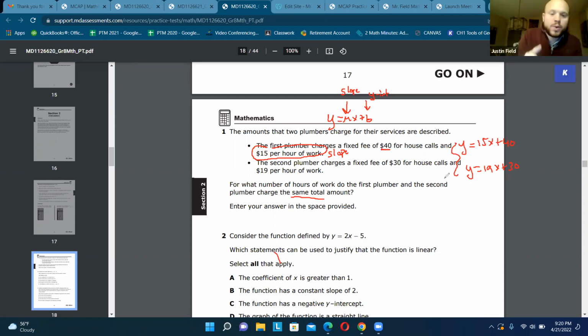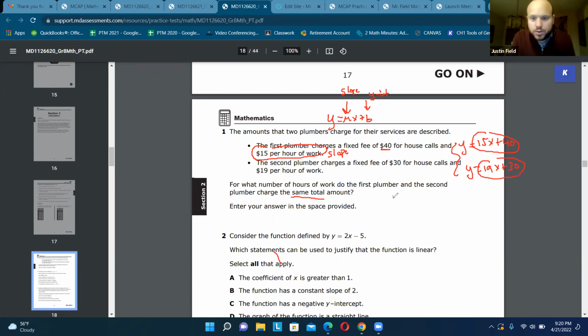In a system of equations, we want to know the forms of the lines, so we know they're in slope-intercept. If they're both in slope-intercept, we set them equal to each other, the mx plus b parts. If only one of them was in slope-intercept, we would take that mx plus b part and substitute it into the other equation, usually in standard form.